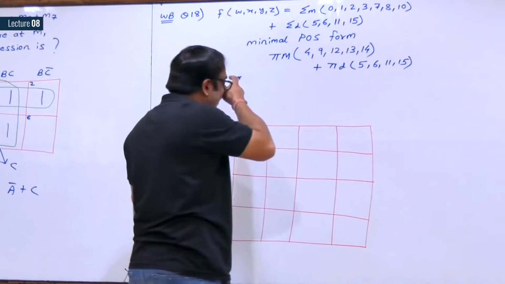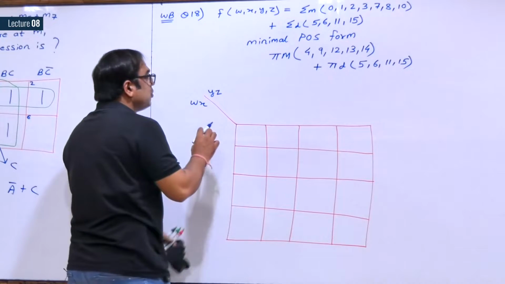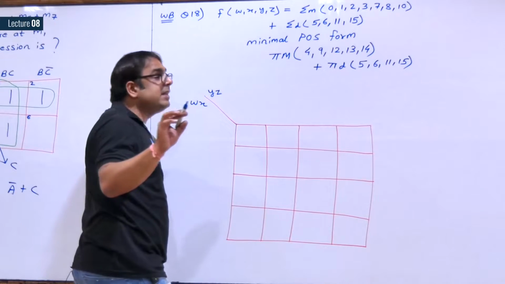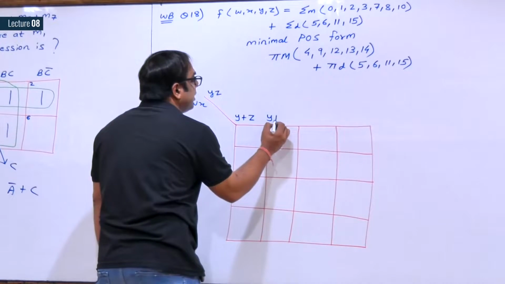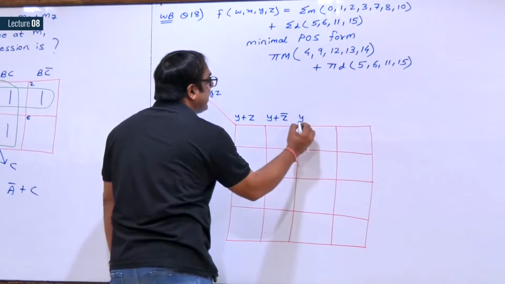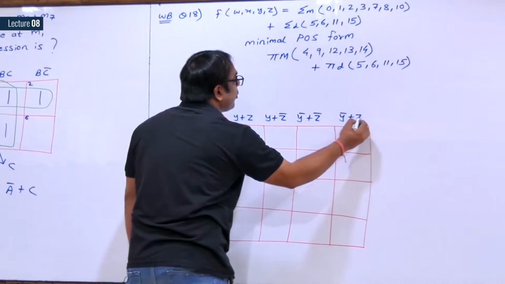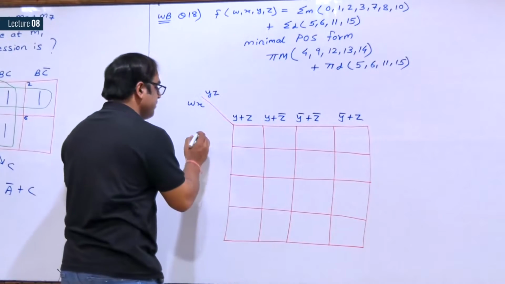So now see W, X, Y, Z. Let us complete it in POS format. This is Y plus Z, Y plus Z complement, Y complement plus Z complement, Y complement plus Z. It is in POS format.